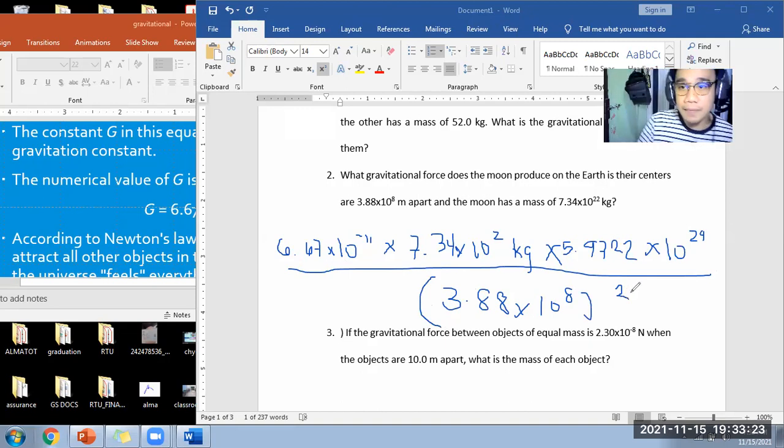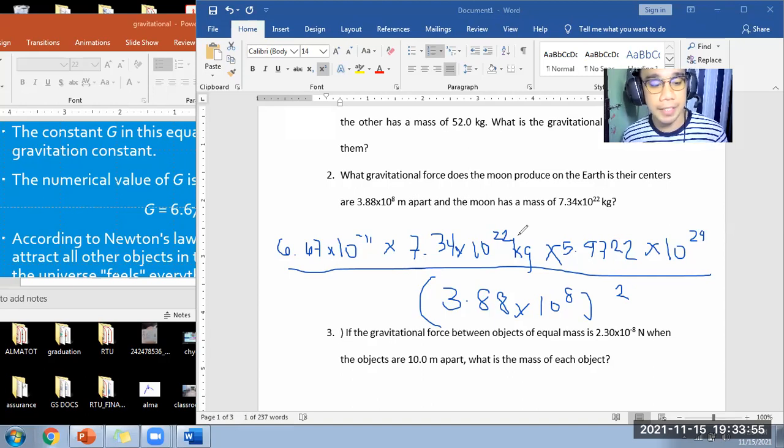So, what will be the answer? So, 6.67 exponent ay negative 11 times 7.34 exponent natin ay 22, times 5.9722 exponent ay 24.